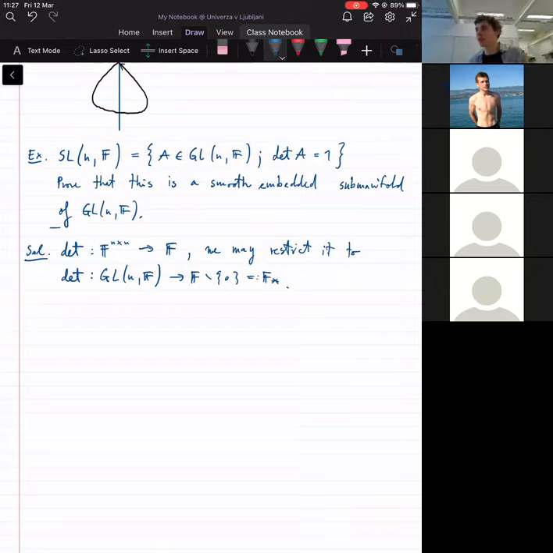F here is a field, obviously, either real or complex numbers.